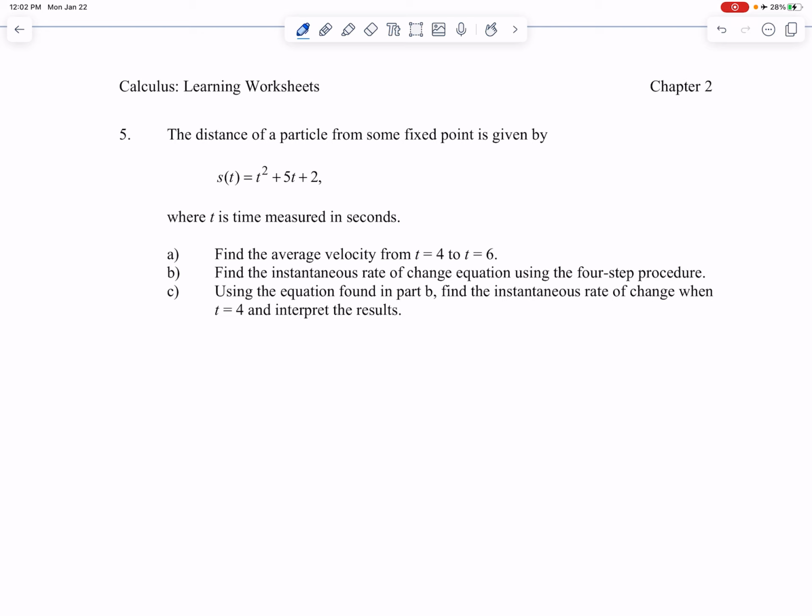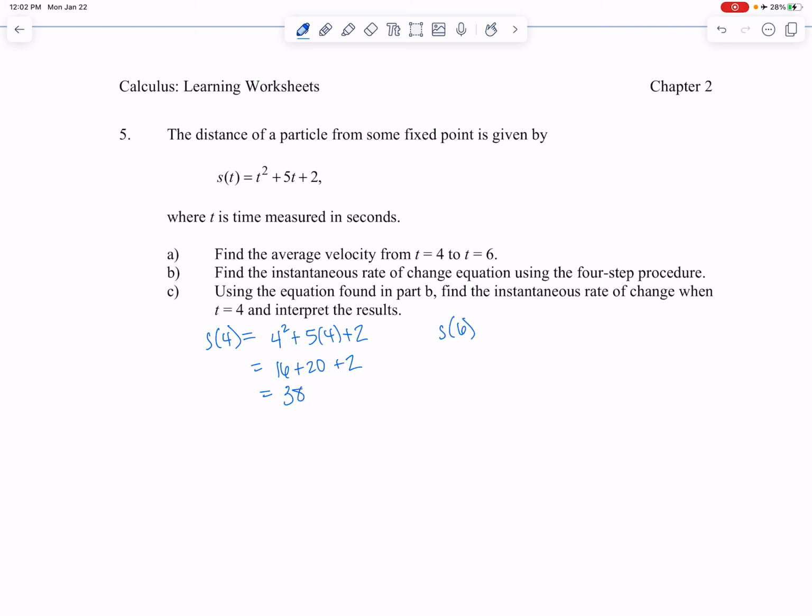Okay, so first, like the last one, we need to know what our y values are at these x values, or what our s values are at these t values. So s of 4, when we have 4 squared, 5 times 4 plus 2, 16 plus 20 plus 2 gives us 38.